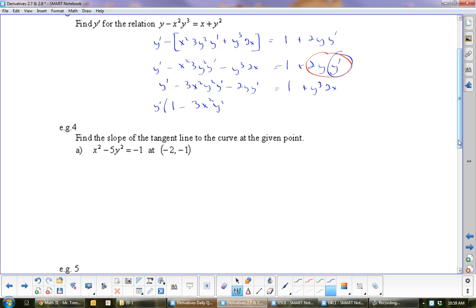Okay, am I doing good so far? Do you see anything? I'm going to change this to 2x y cubed. Okay, does this look good? Did I make a mistake?